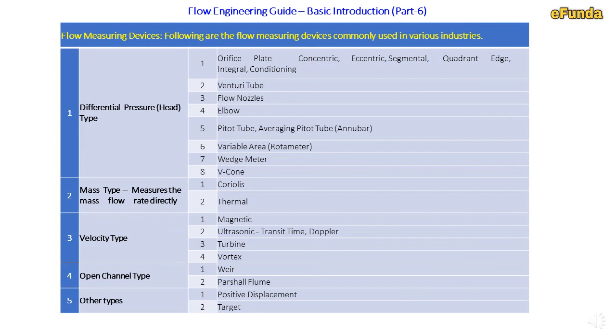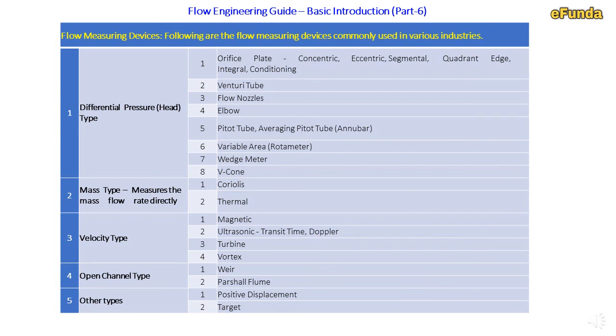One can see in the table differential pressure, that is head type, mass type, that is mass flow rate measurement directly, velocity type, and open channel type, and other types of flow measuring devices.